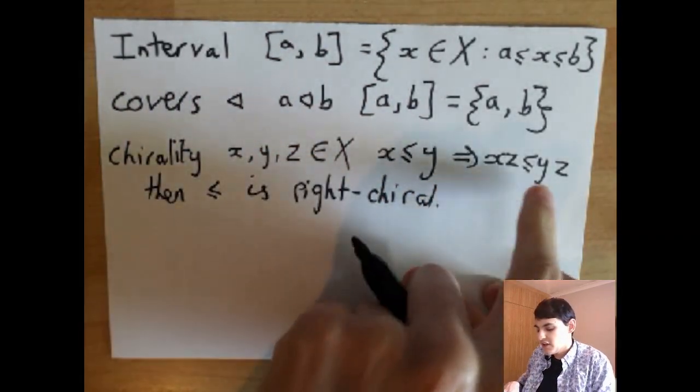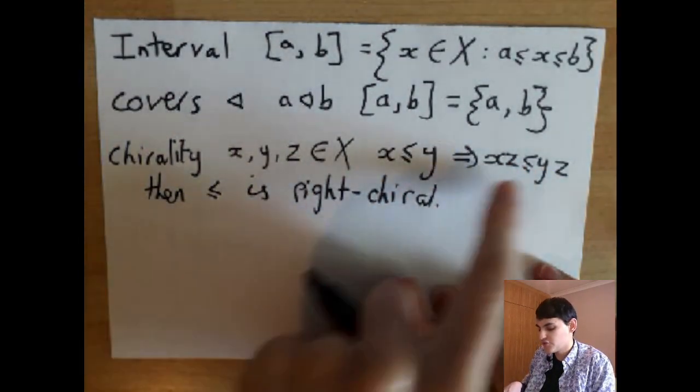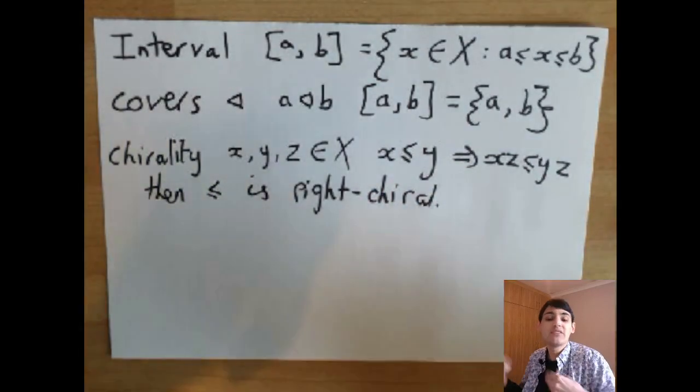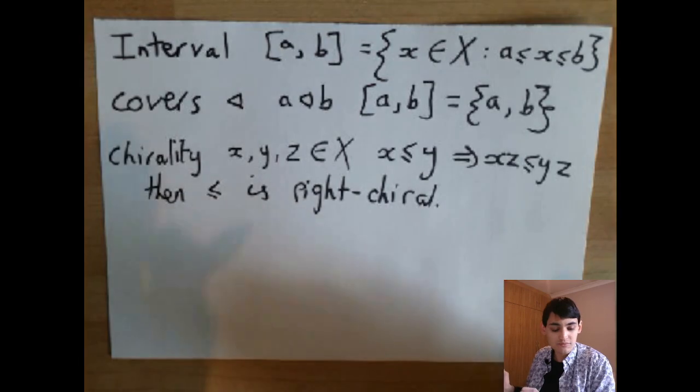Basically you're multiplying by z on the right. And there's an equivalent version for multiplication on the left for left chiral.